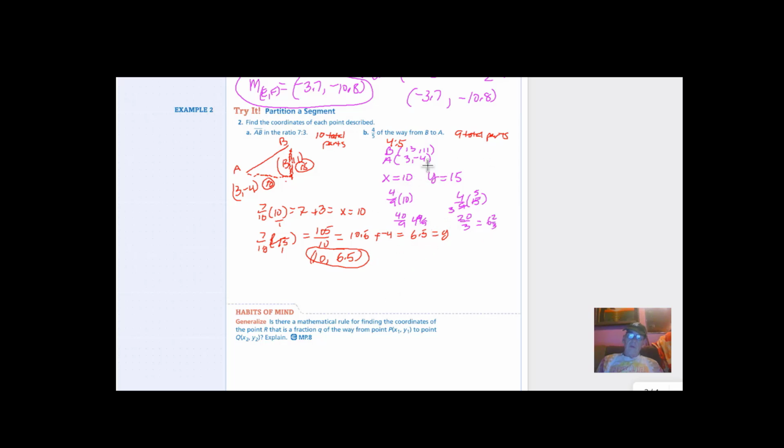Now here's the trick for this one. We're going from B to A. We want that distance from B to A. So with the x-coordinate of B, we need to come back 4 and 4/9. So we have to do 13 take away 4 and 4/9.